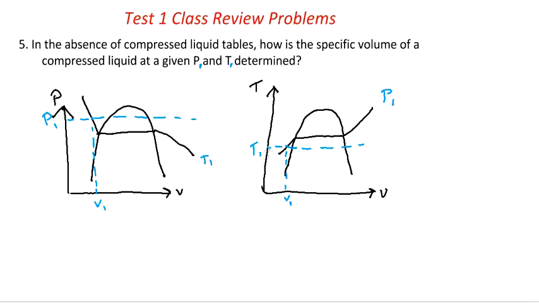But these tables also have a predetermined temperature and pressure matching. You've got a given pressure and a given temperature, which means you have to pick: are you going to look at the temperature or at the pressure?